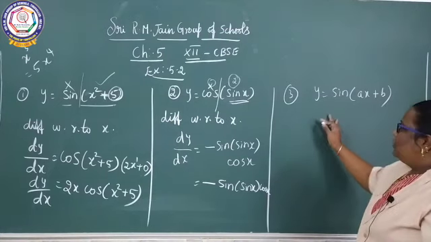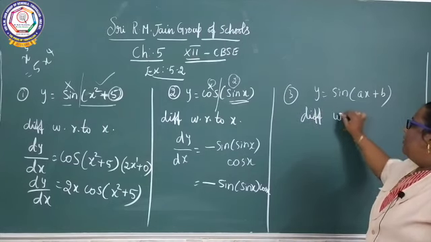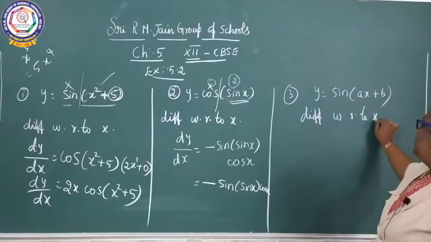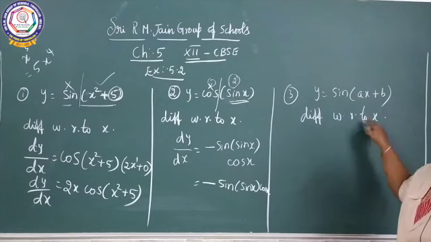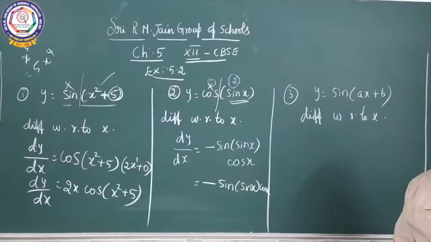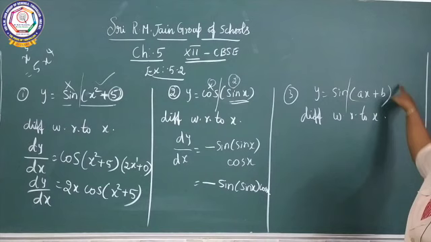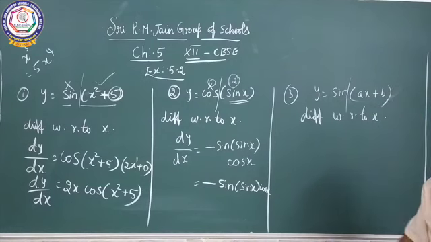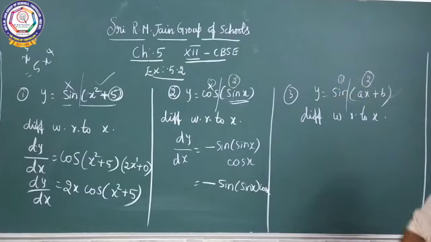See what is the next one. Differentiate with respect to x. Simple method. Till here, how many terms are there? 2 terms. Split the term. This is the first one and this is the second one.